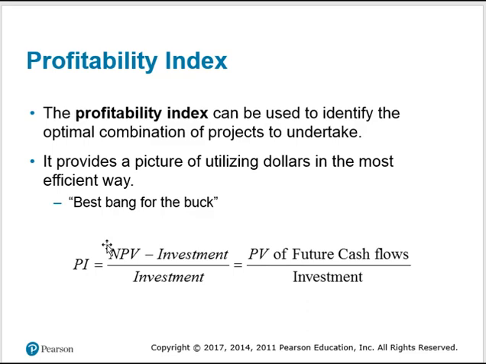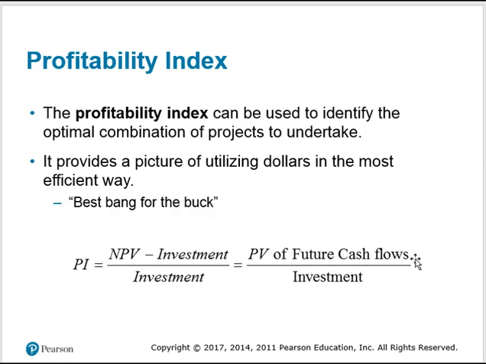The profitability index is the last of the techniques to talk about, and essentially it gives us a picture of the biggest bang for the buck. In this case, you take the net present value minus the investment divided by the investment, or again, you can just take the present value of the future cash flows and divide that by the investment. This will give us what's referred to as the profitability index.